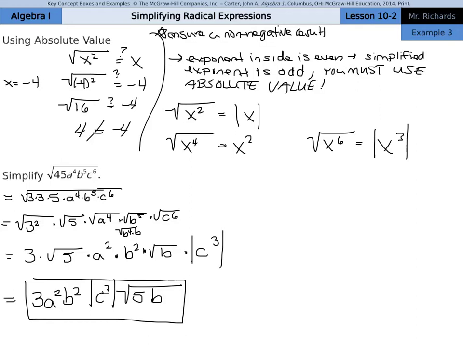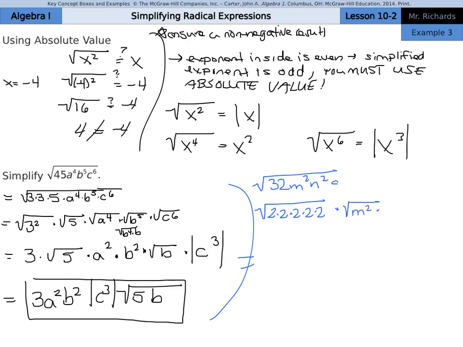And again, for our bonus example here, what about the square root of 32m squared n squared c? Well, if we break this apart then, the square root of 32 is the square root of 2 times 2 times 2 times 2 times 2, it's 2 to the fifth, times the square root of m squared times the square root of n squared times the square root of c.